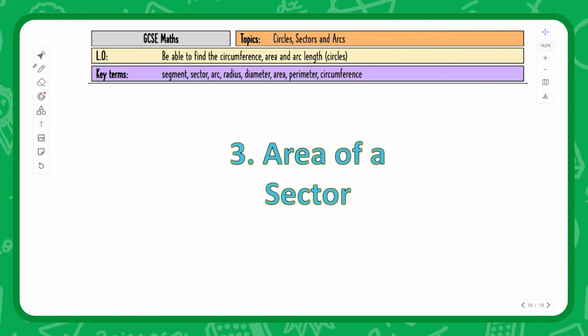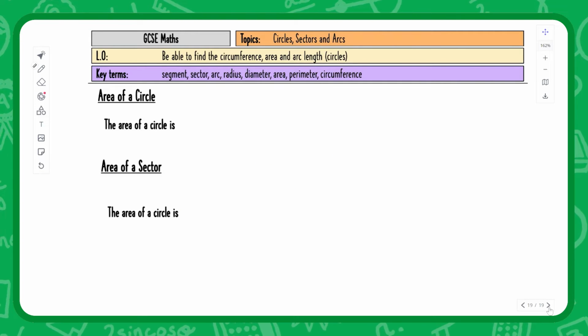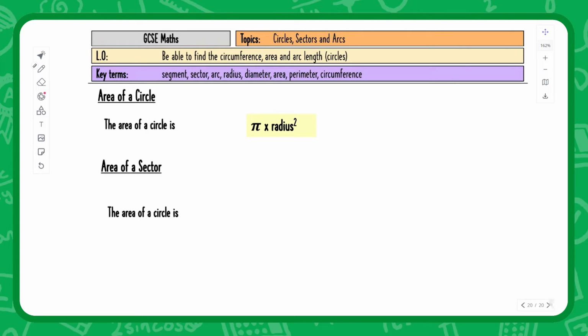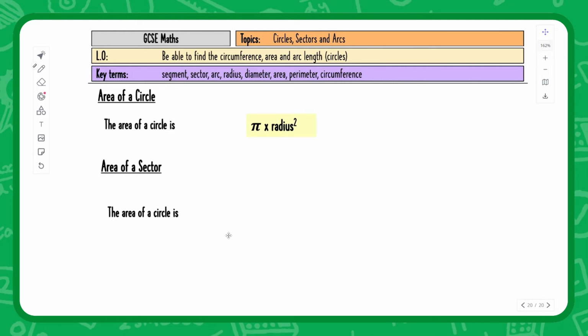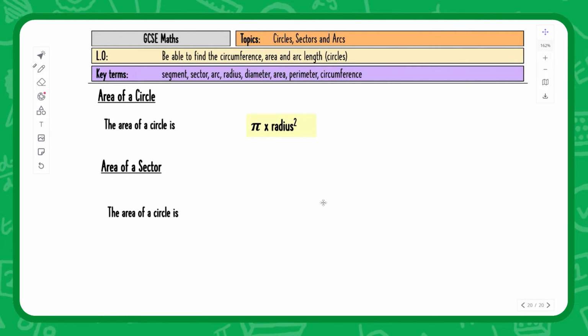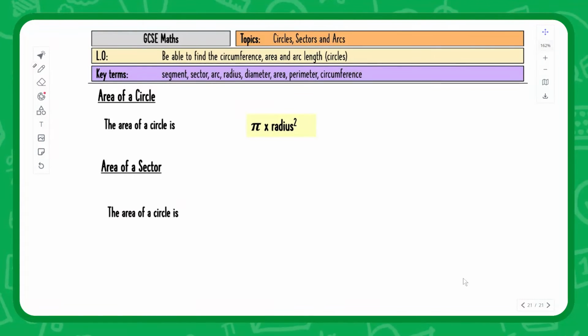Okay, area of a sector. To be able to find the area of a sector, we need to understand how to find the area of a circle. So the area of a circle is found by doing pi r squared, or pi times radius squared. Now remember that a sector is part of the area, and it depends on what the degrees are for that sector in order to work out how much of the circle we are looking at.